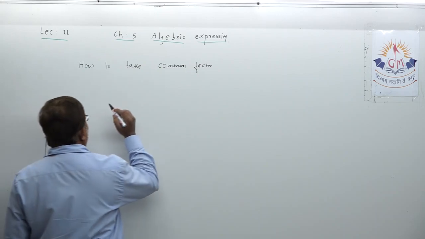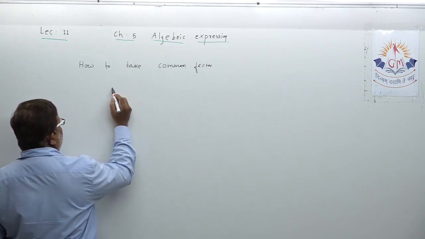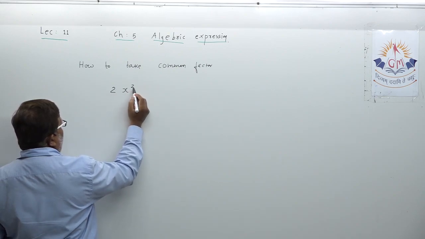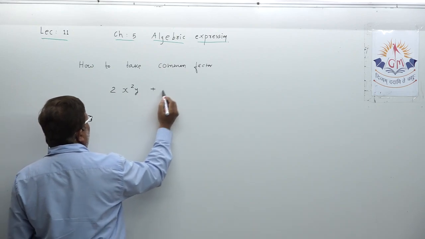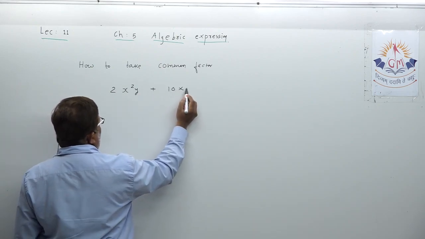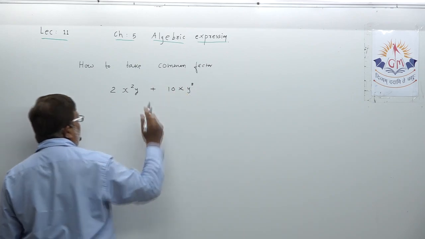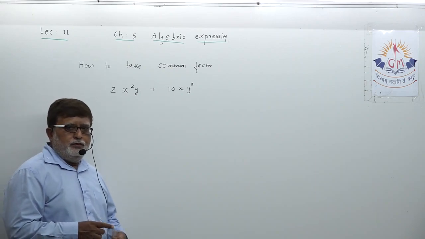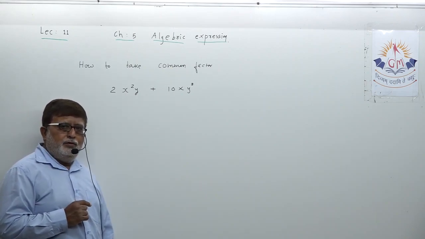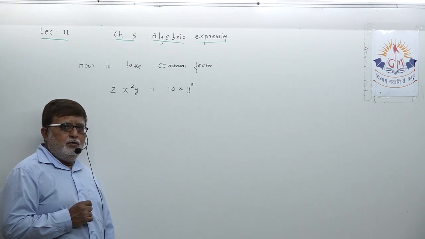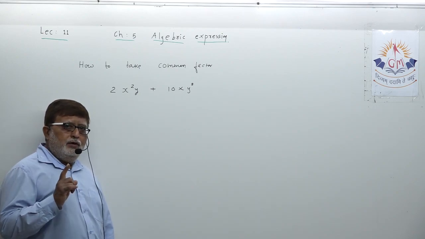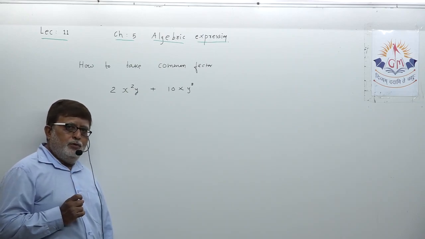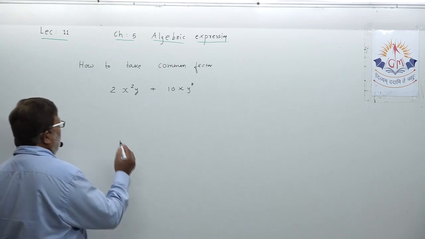Okay, suppose dear student, I give this way: suppose 2x square y plus 10xy cube. Suppose I have given such an example and I am asking you to take out common from this. Always remember, understand properly how to take out common.